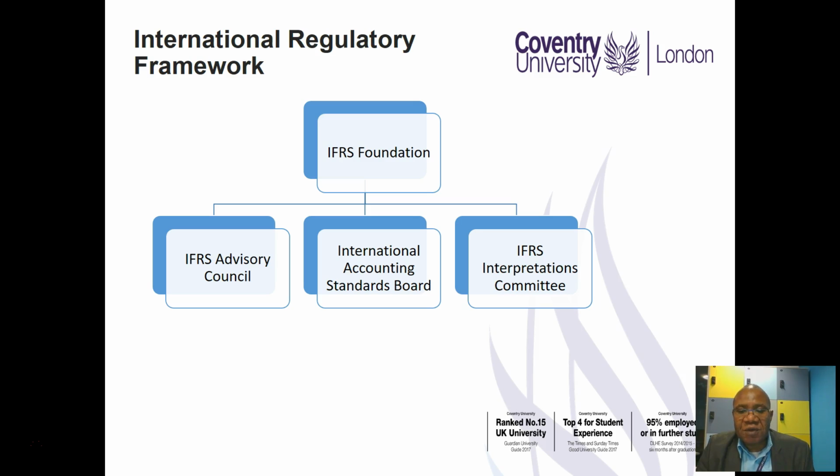And of course, the Interpretation Committee are responsible for providing a consensus agreement when new standards have been misapplied, have not been applied correctly, or in areas where there is no standards. International Accounting Standards Board, on the other hand, are responsible for developing, promulgating accounting standards, revising them, and ensuring that they are fit for purpose.